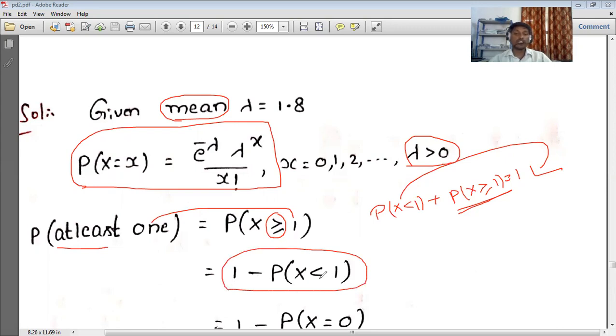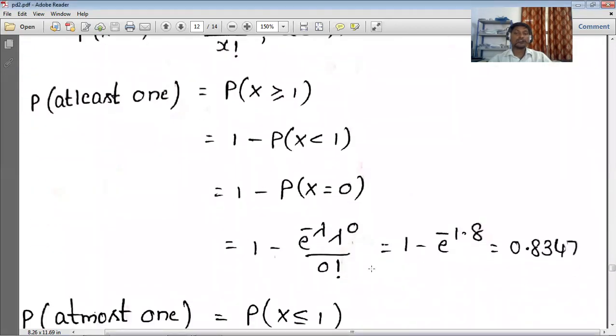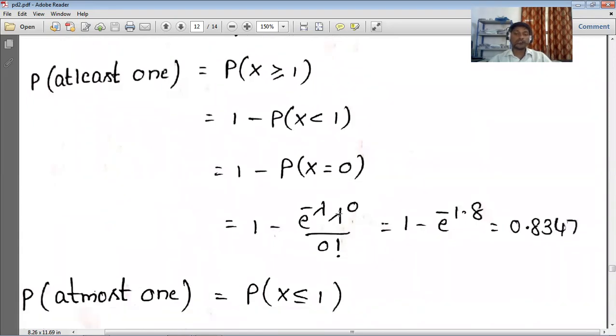So here 1 is not included, okay, so only less than 1. Less than 1 means we have only one thing. What is that? 0. So 1 minus P of x is equal to 0. That one we are going to calculate here. So 1 minus, in the formula we are substituting lambda power 0 by 0 factorial, which is nothing but 1.